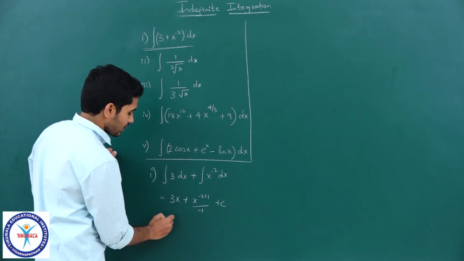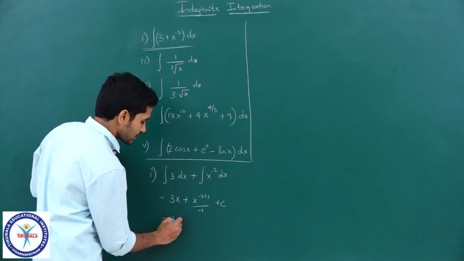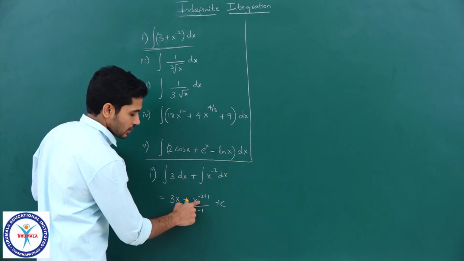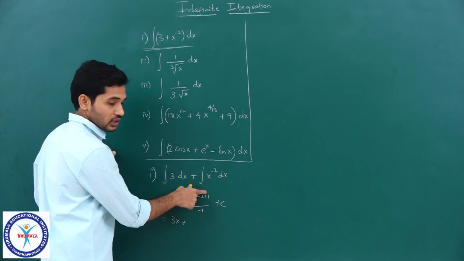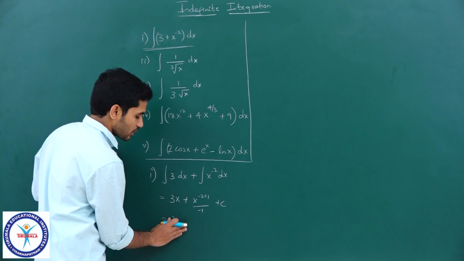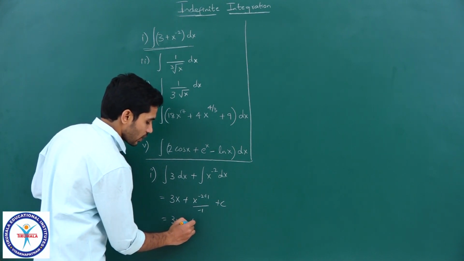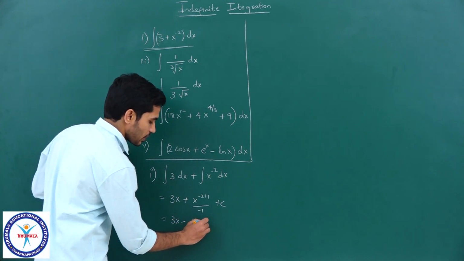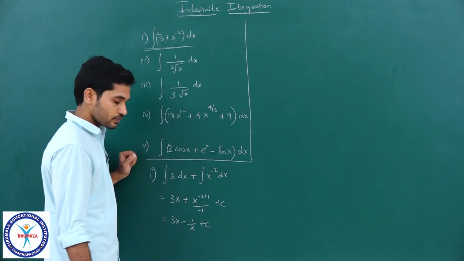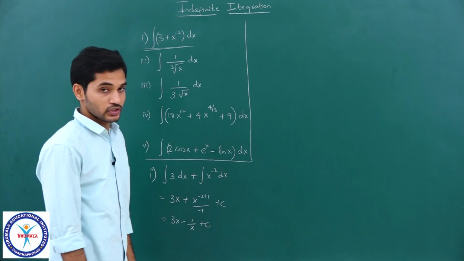So, you can easily write the final answer: 3x plus x power minus 1 by minus 1, which becomes minus 1 by x, plus c, right. That would be the answer for that question.